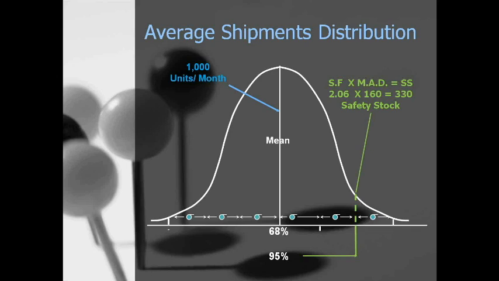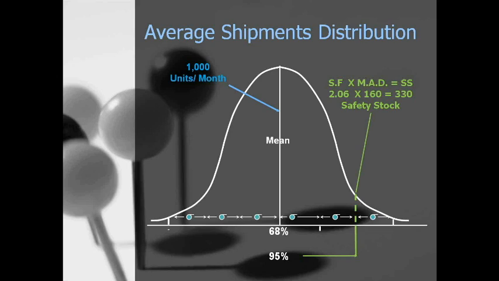Another thing you can do, fact-based, if you want to reduce the amount of safety stock this calculation is creating, get a better forecast. Remember period 5 in the initial data where we shipped 40% more than forecast? That played a big role in driving the mean absolute deviation to 160.